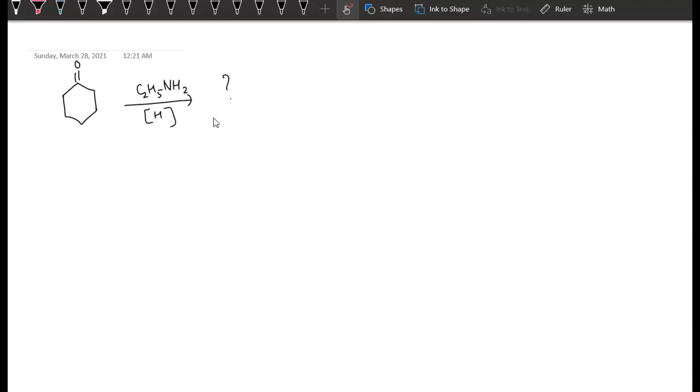I want you to write down the product as well as the mechanism of this reaction. You can try this out, and based on the previous slide you can write down the mechanism again. Remember, this is taking place in the presence of an acid.